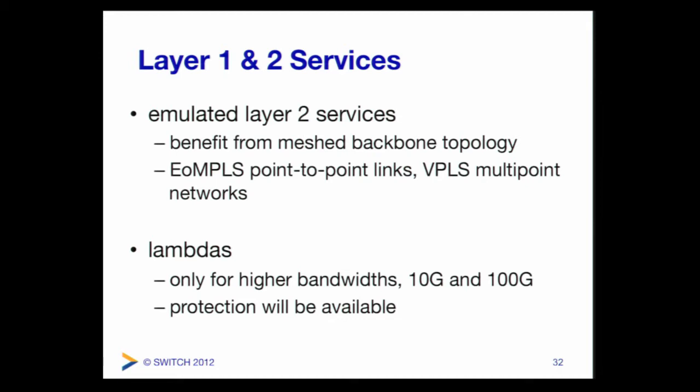We also provide lambdas, mainly for higher bandwidths like 10 gig for the LHC community right now, maybe 100 gig in the future for certain experiments or special projects. We definitely want to provide lambdas with protection in the future with a new network. We had too many longer interruptions on those lambda services we provide to the LHC people.